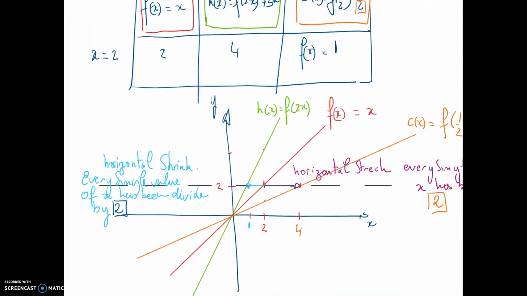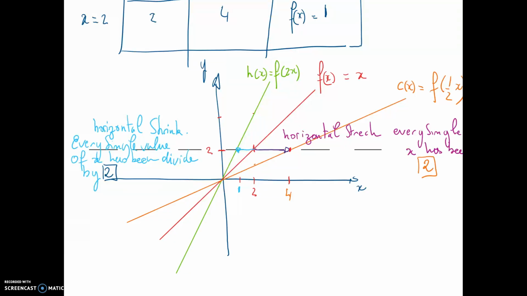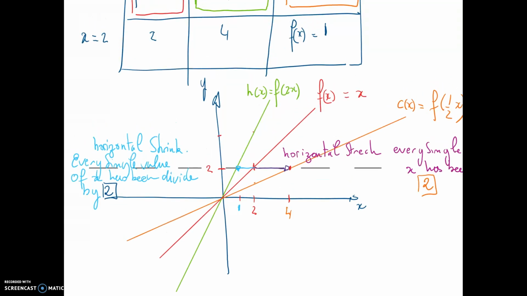When I am graphing these functions, I can notice that h of x, f of x, and c of x correspond to a horizontal stretch or a horizontal shrink. Why do we say it's a horizontal stretch when we are graphing c of x equal f of 1/2 of x?